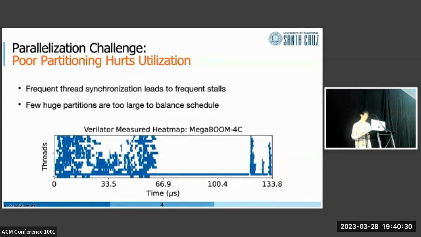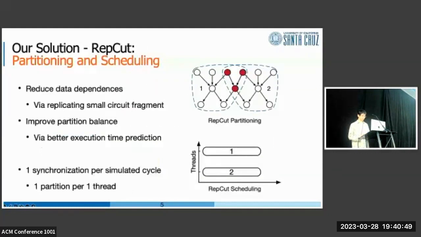Firstly, the frequent thread synchronization would lead to thread stall. As we can observe, there are many bubbles inside the heat map. And secondly, perhaps more severe, there exist a few huge partitions that are way too large to create a balanced scheduling. So how does RepCut solve those problems?